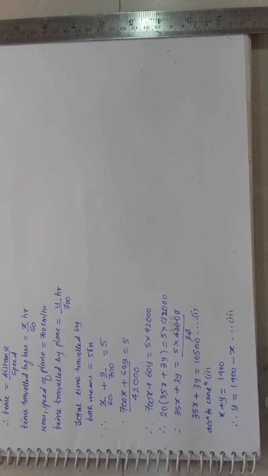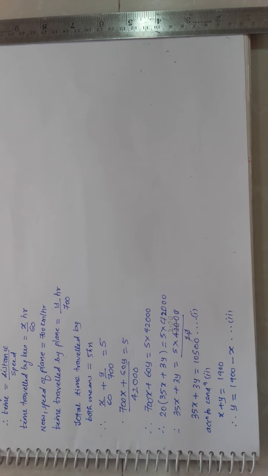You may be thinking why I did not take x is equal to. The reason being x is multiplied by 35 and y is multiplied by 3. At least that much you can calculate, that who is more calculative. Okay. So I got the value of y as 1900 minus x, that is second.